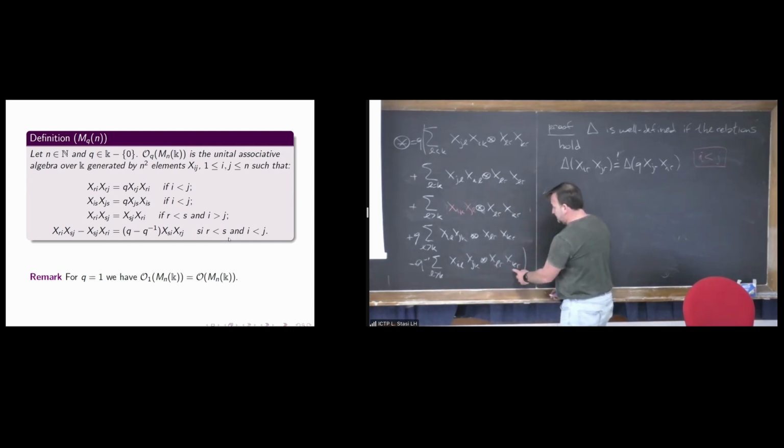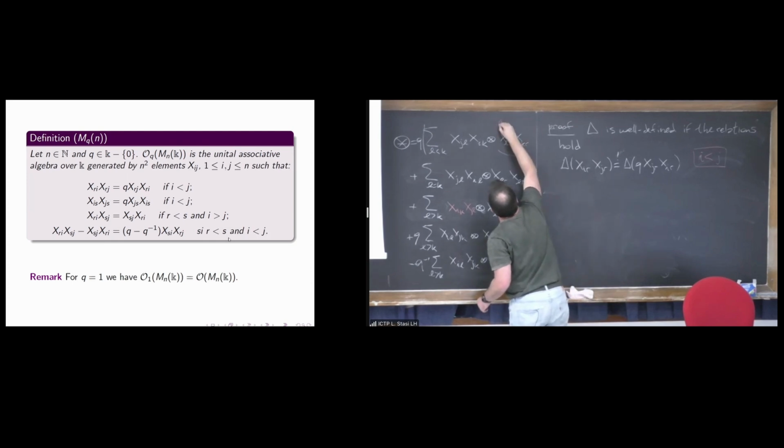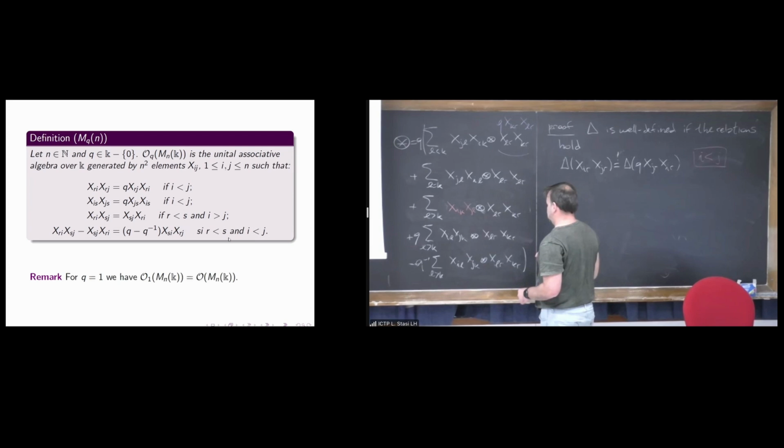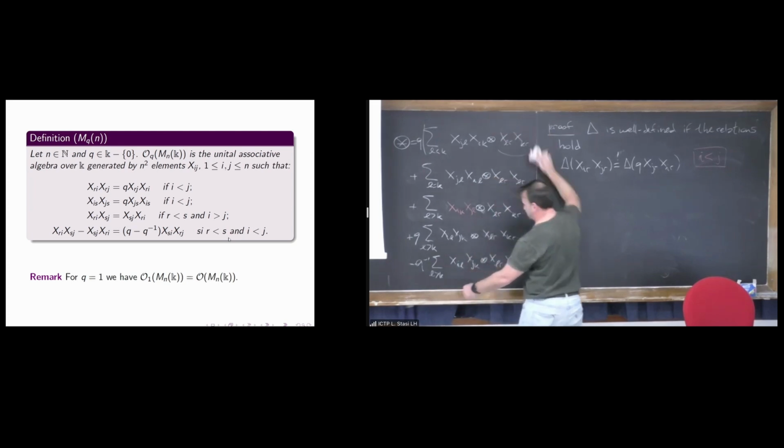So if here L is less than K, this one is q times XKR, XLR. And there should be a minus somewhere, and with this minus, so I change this one.